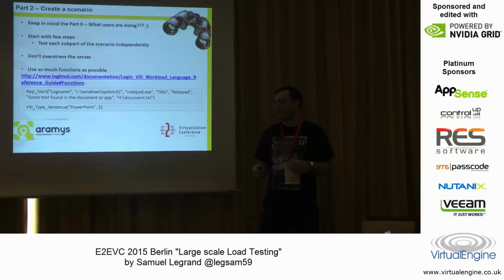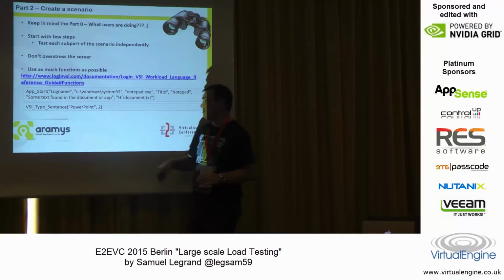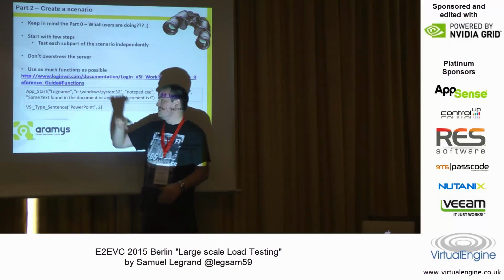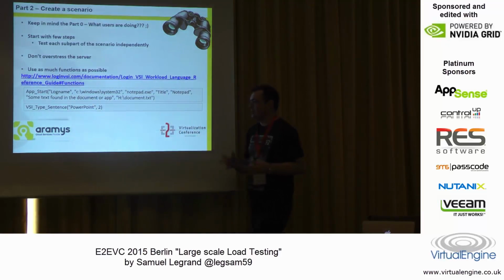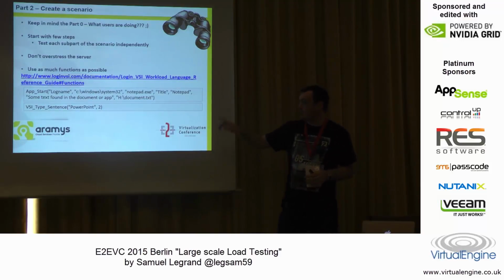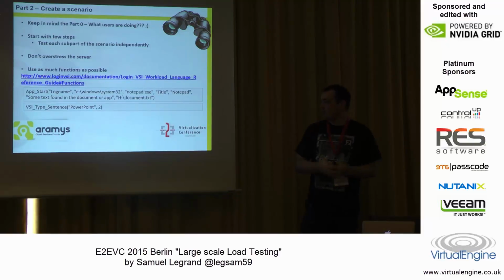So it is quite easy to launch a specific application. And if you want to type some sentences, there is a default function that randomizes sentences. You say PowerPoint, so it will take the focus on the PowerPoint application and will type 2 sentences completely randomly. So you can learn a lot by reading what is typed by Login VSI. There is cool stuff inside.